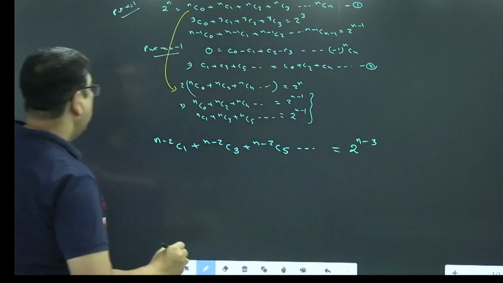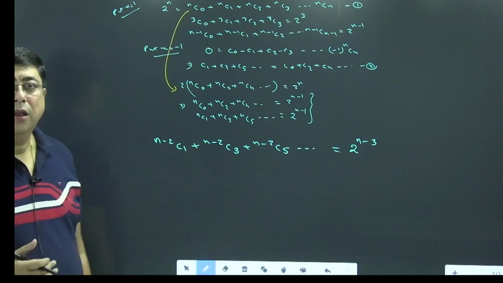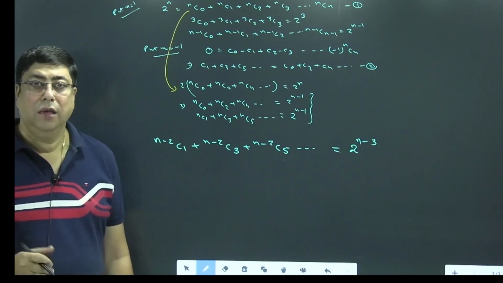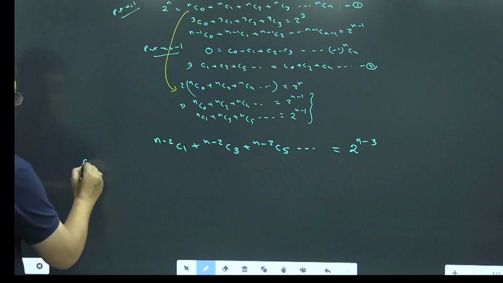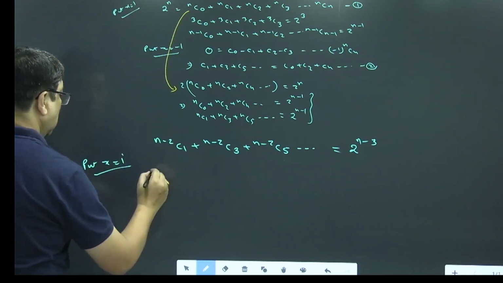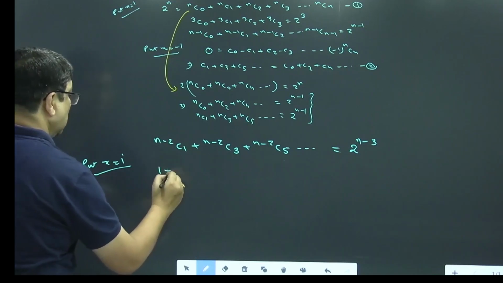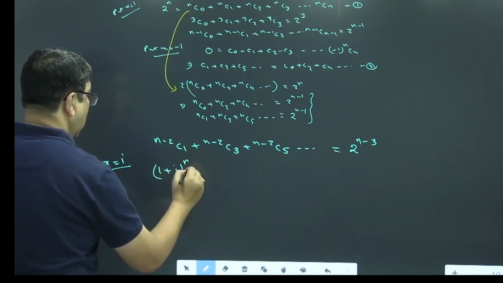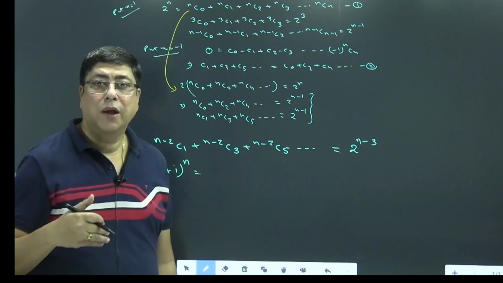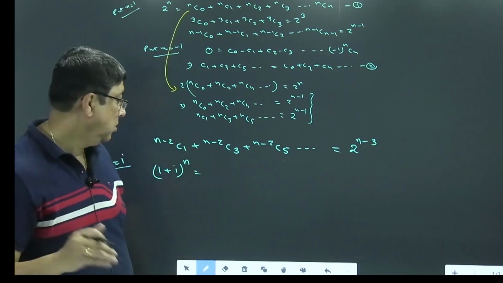Now in (1 + x)^n, in place of x, let us put i. So put x equal to i in (1 + x)^n. So (1 + i)^n, that is nC0, nC1, so I am writing in short C0, C1, C2, C3.